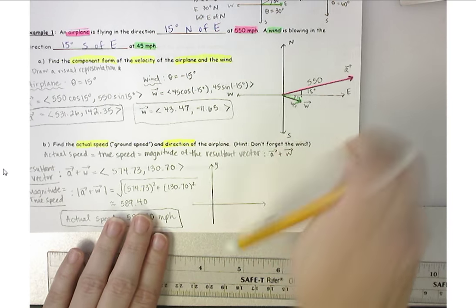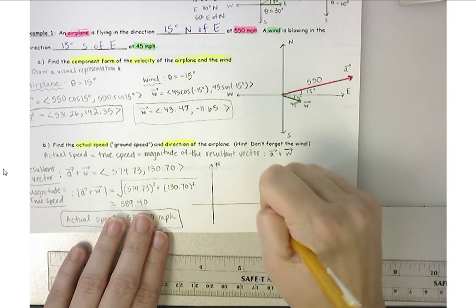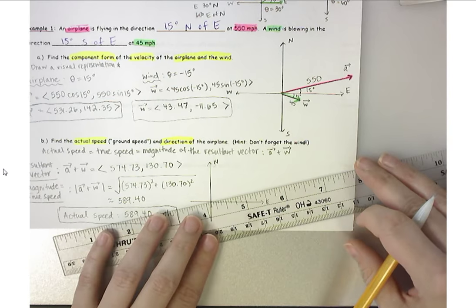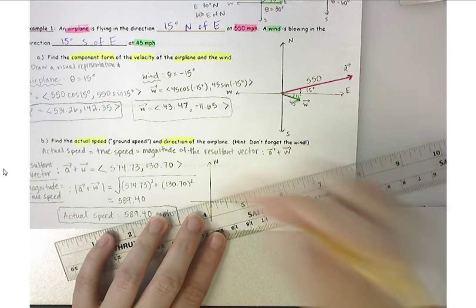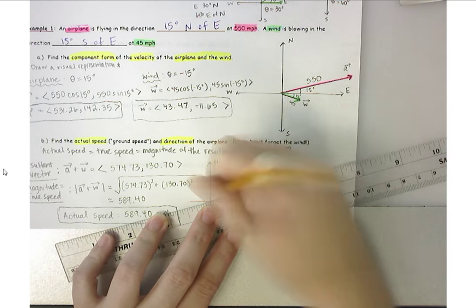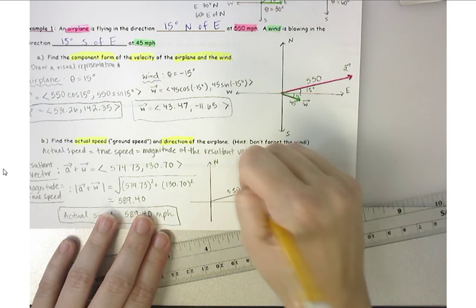Instead of Y, I'm just going to put north. So remember we had the 550 at 15 degrees, and that was our airplane.